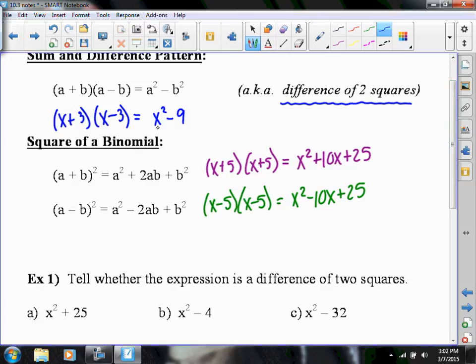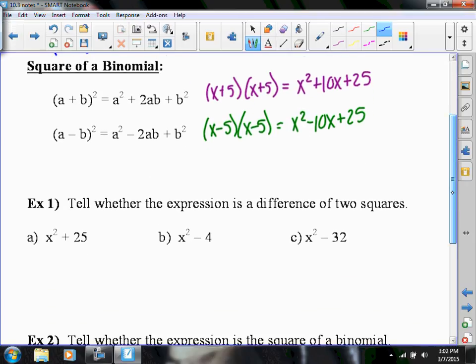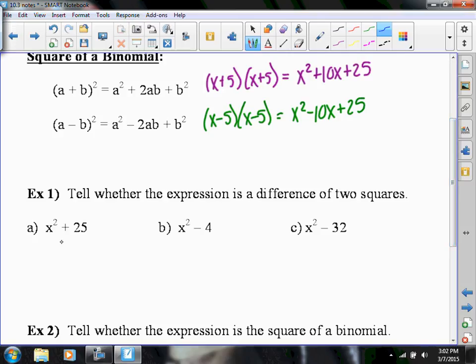And it has to be x squared, and then the next number has to be a perfect square. So 4, 9, 16, 25, 36, 49, and so on. So x squared plus 25, that's not a difference of two squares because they're adding. That would be a sum of two squares. So no, this one's not a difference of two squares.